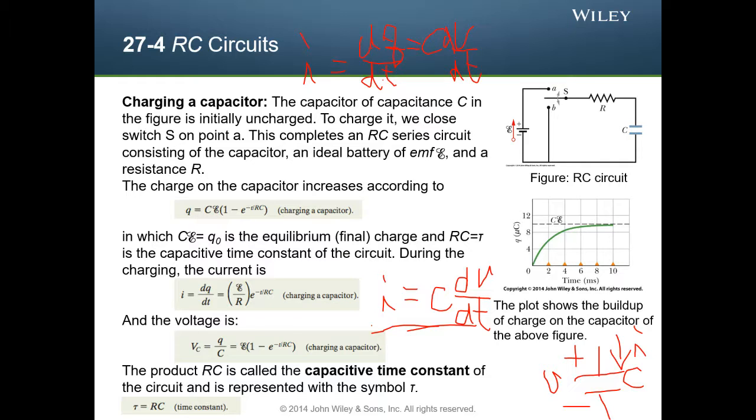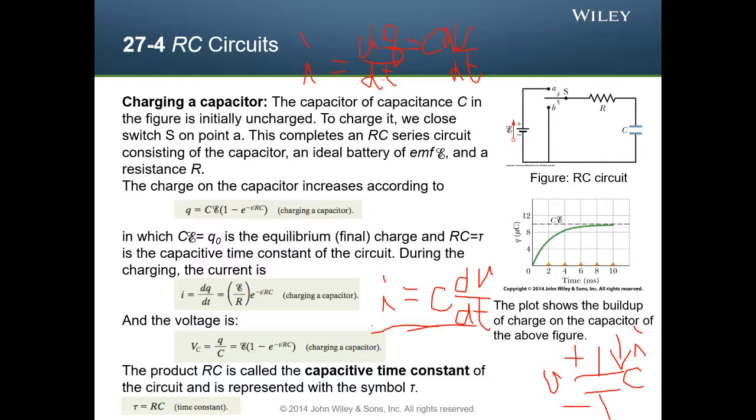However, there are different cases. For example, if Vs is something like a sine wave, the particular solution would be something like B sine omega t plus C cosine omega t.